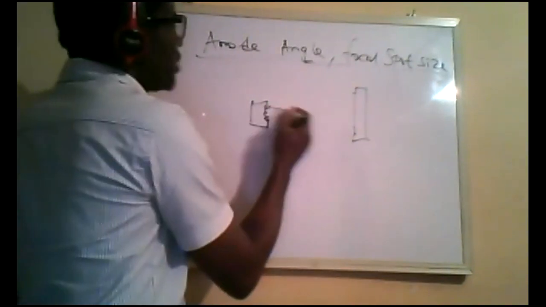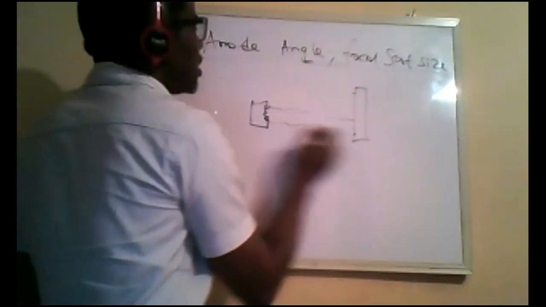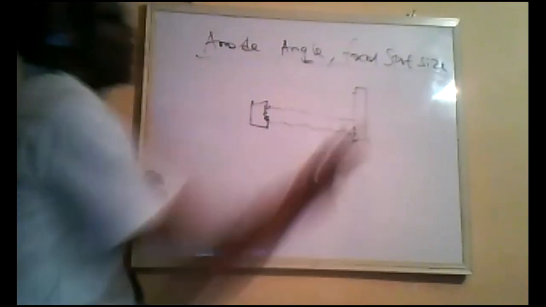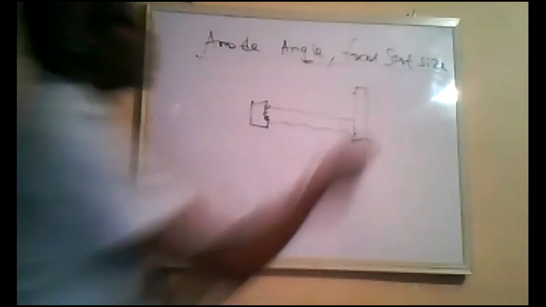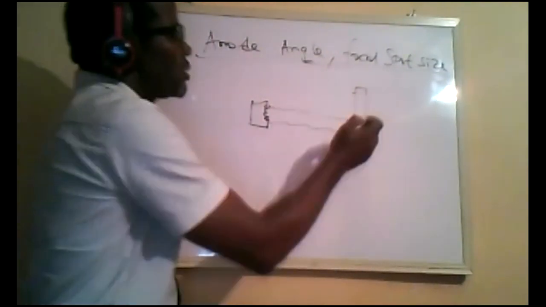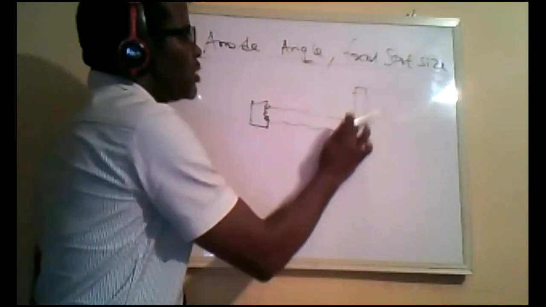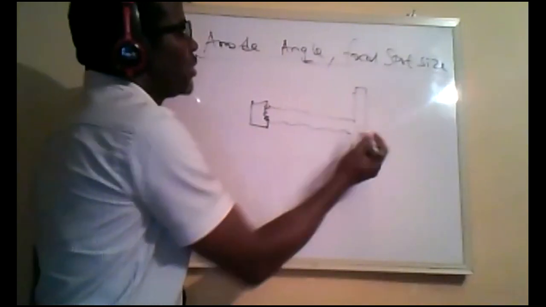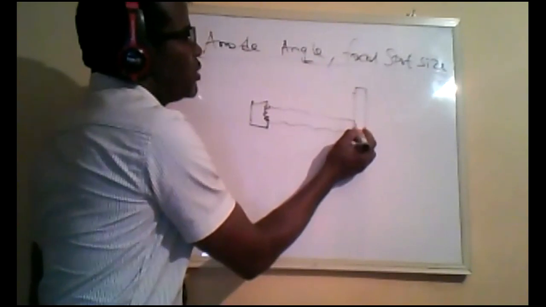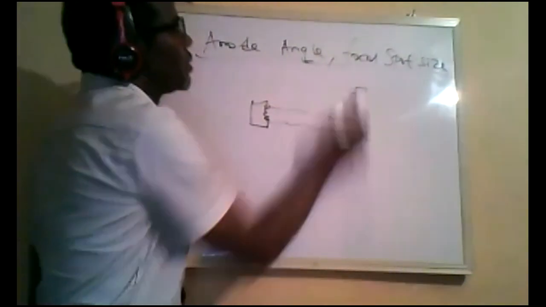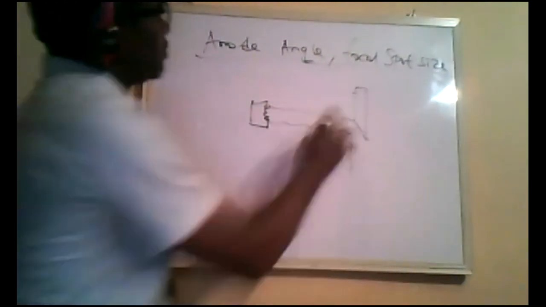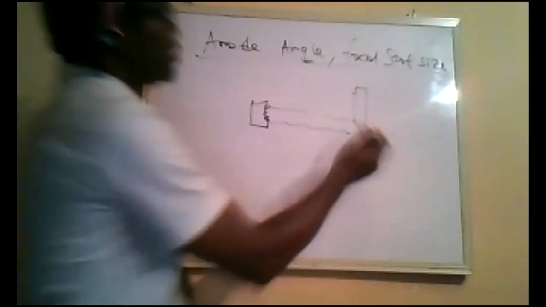So if you have electrons coming this way, assuming this is an anode, we are going to have X-rays going down this way. But it's tilted at an angle for a particular reason.